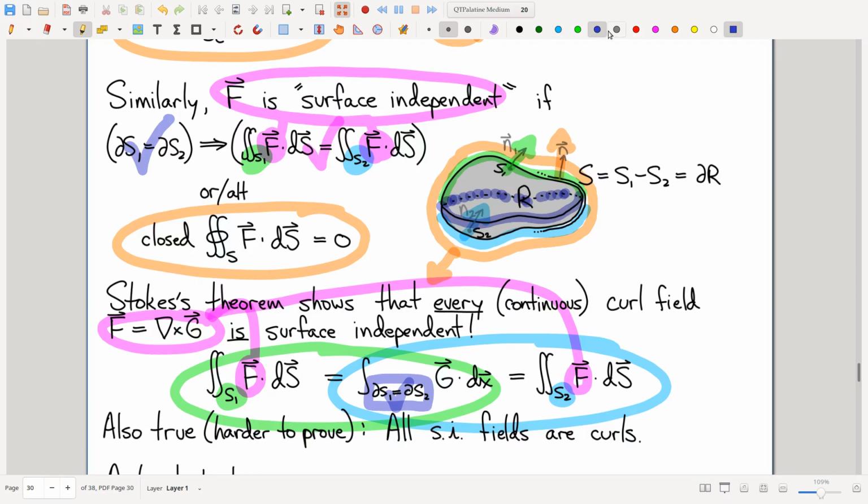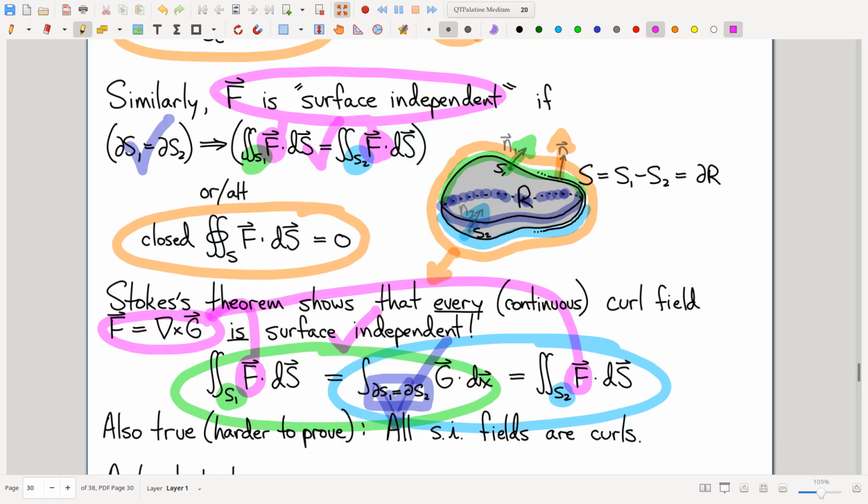And therefore, the green integral and the blue integral are computed with the same other thing, and therefore they're equal to each other. So, surface independent. Everybody see how that works? It's a clever argument. Very analogous to what we saw with path independence and gradients in the fundamental theorem.